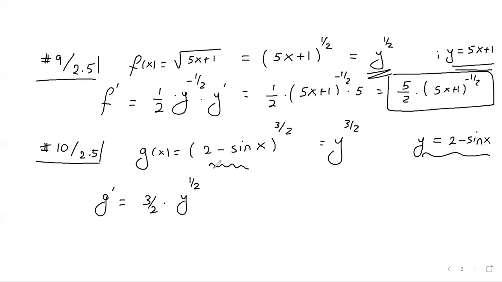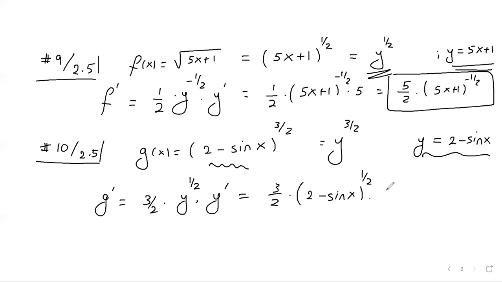So remember the power rule? All right. Then times y prime. And this is going to be 3/2 y to the 1/2 times, and let's say what y is, 2 minus sine x, to the 1/2 times y prime.